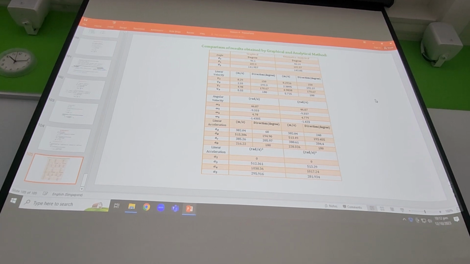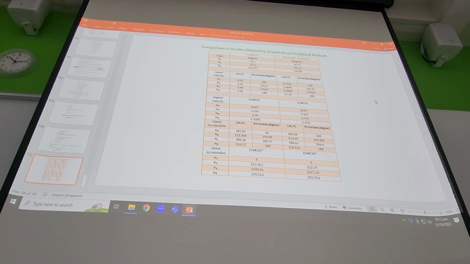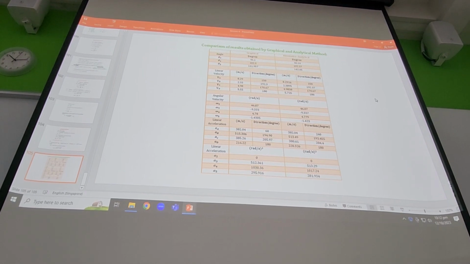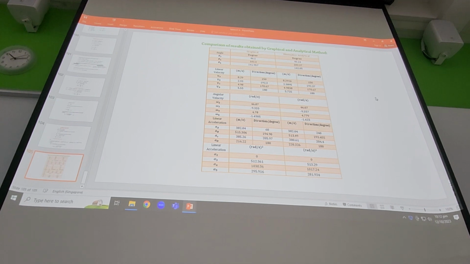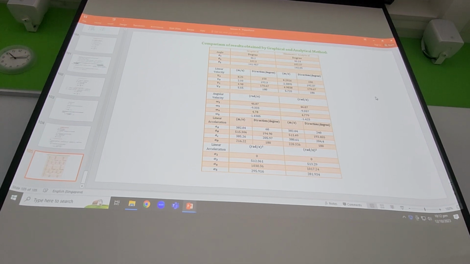So, first part, I think all of you should score full marks. Second part is, I know this is the most challenging assignment in the entire course.